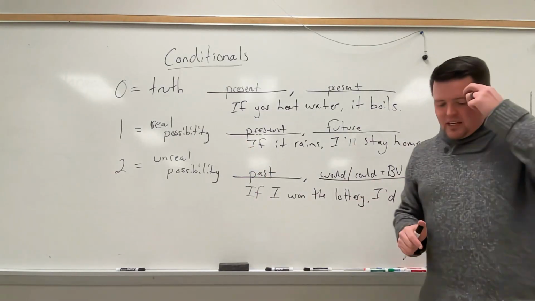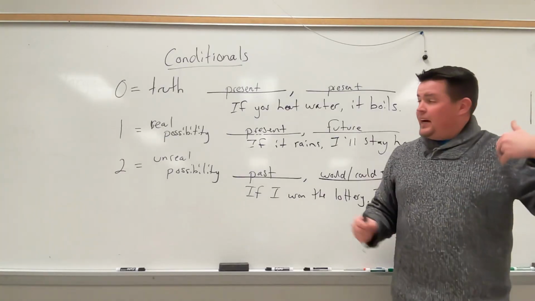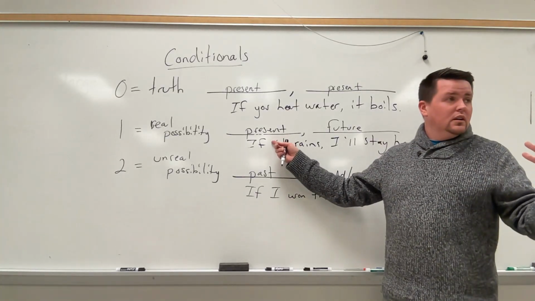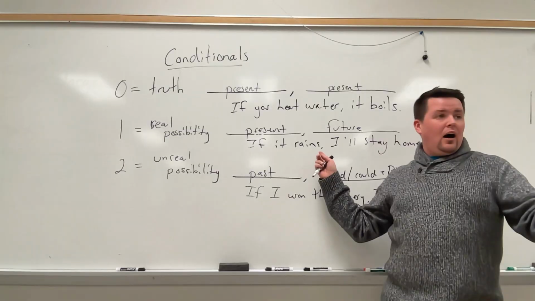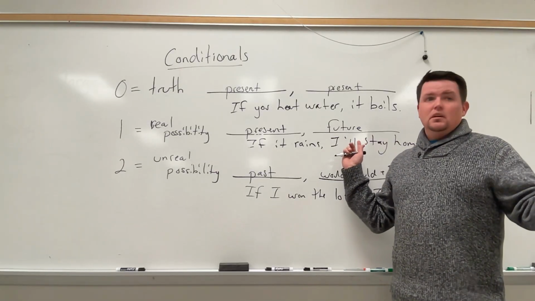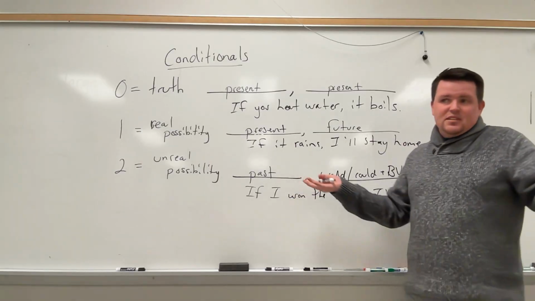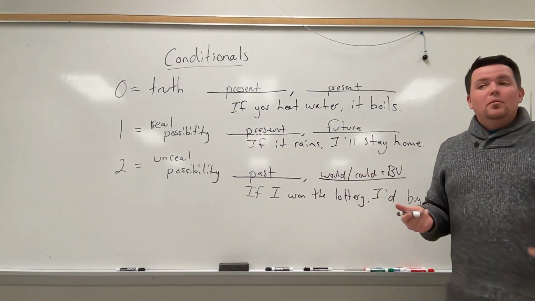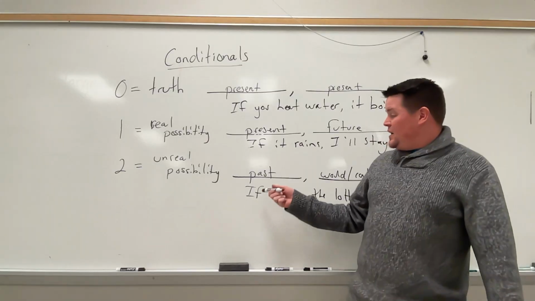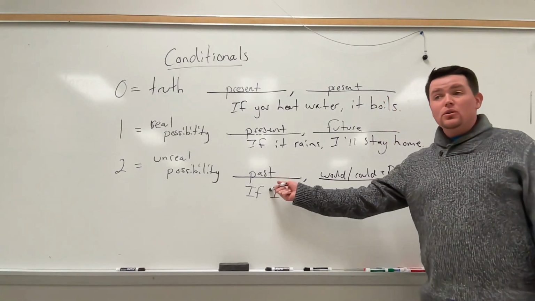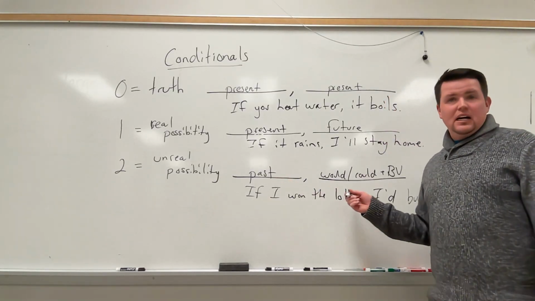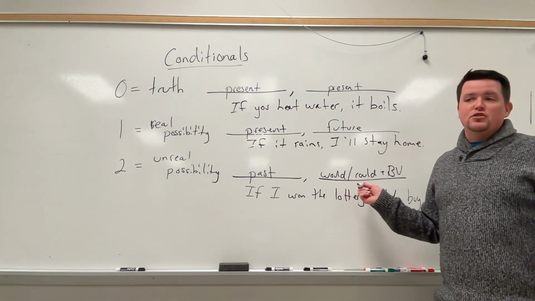So somebody might say, if I go to the mall, I'll buy lunch. The possibility of you going to the mall, it's a real possibility. But if I went to the moon, I'd get a space rock.